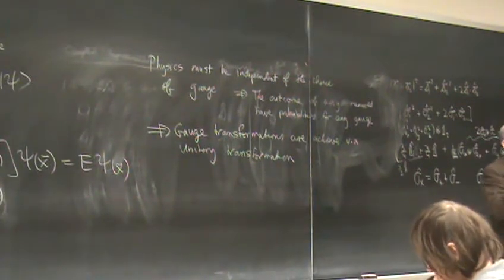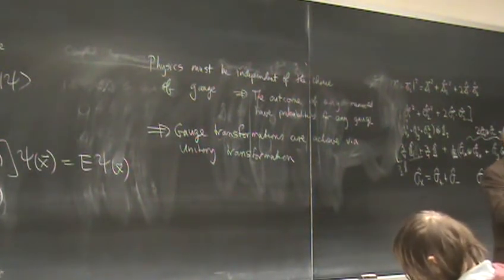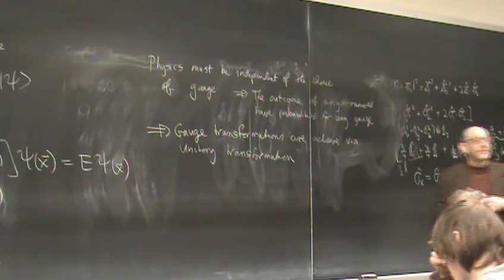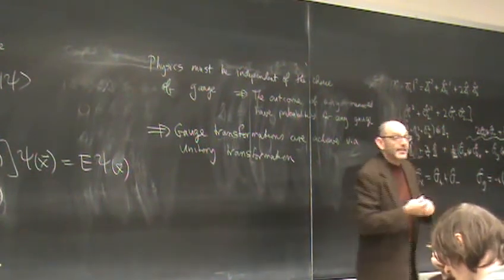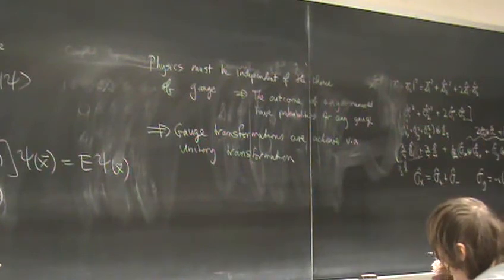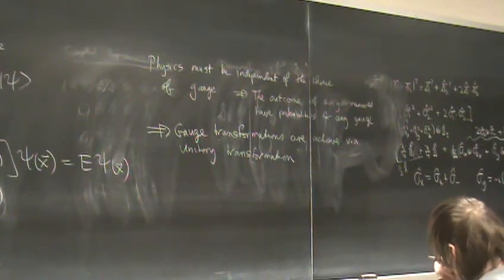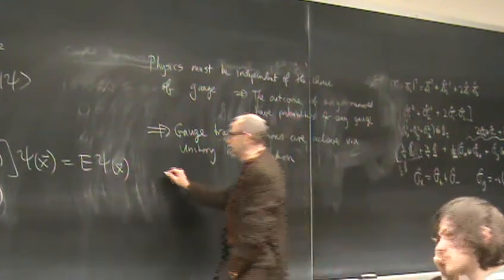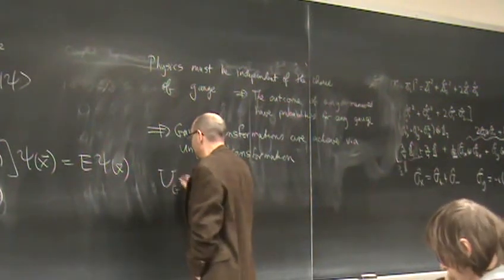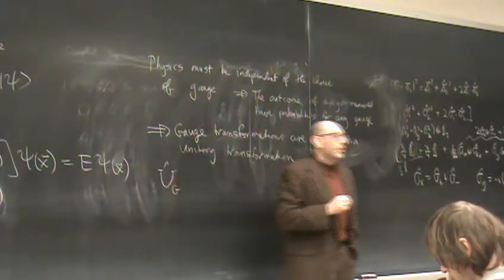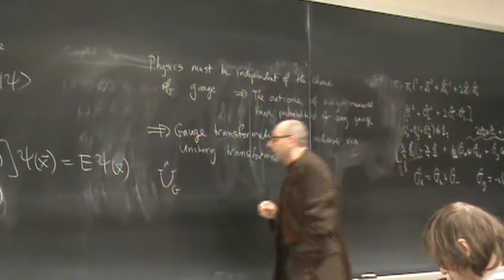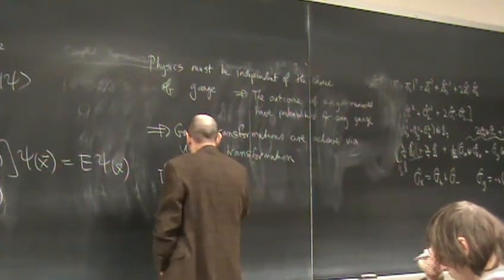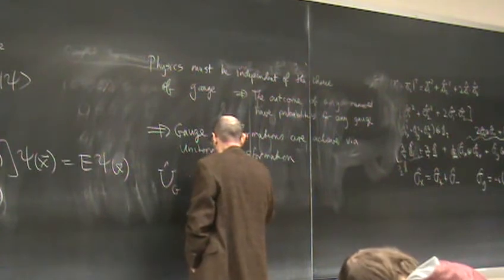It didn't matter which picture we used, we would get the same measurement outcome probabilities in either picture, although the two pictures were related to one another unitarily. So I claim that there is a unitary transformation I'll call U sub G, which achieves a gauge transformation.